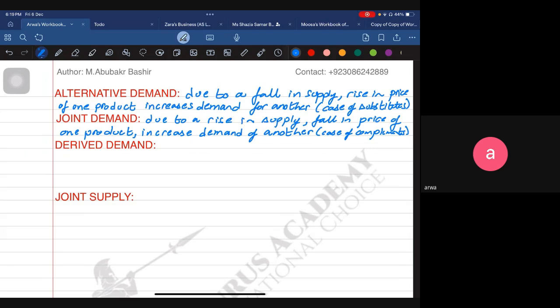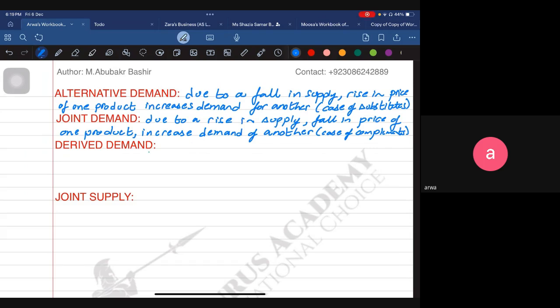No, but don't you think it is the other way around, that if there is a high demand for the lemon juices, then the demand for the lemons is going to increase because you have to produce the juice out of it, no? Yeah, that makes more sense. So this could be about the derived demand.